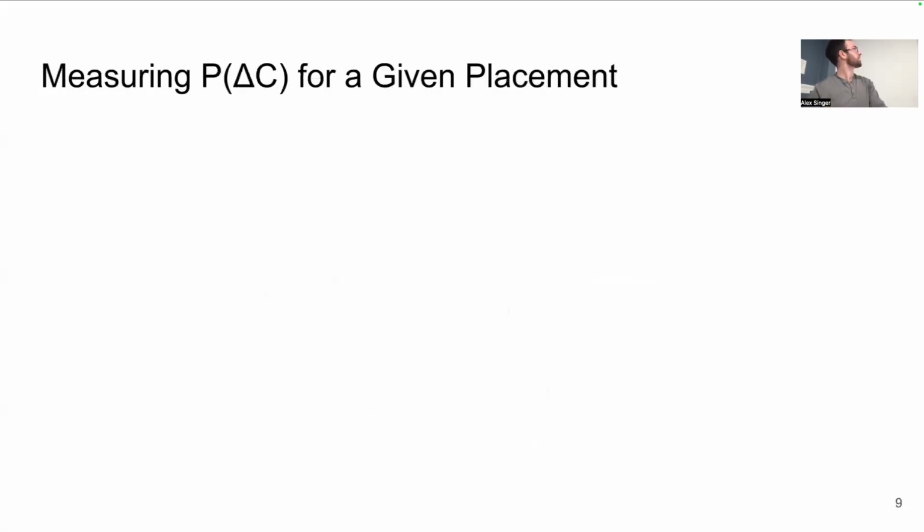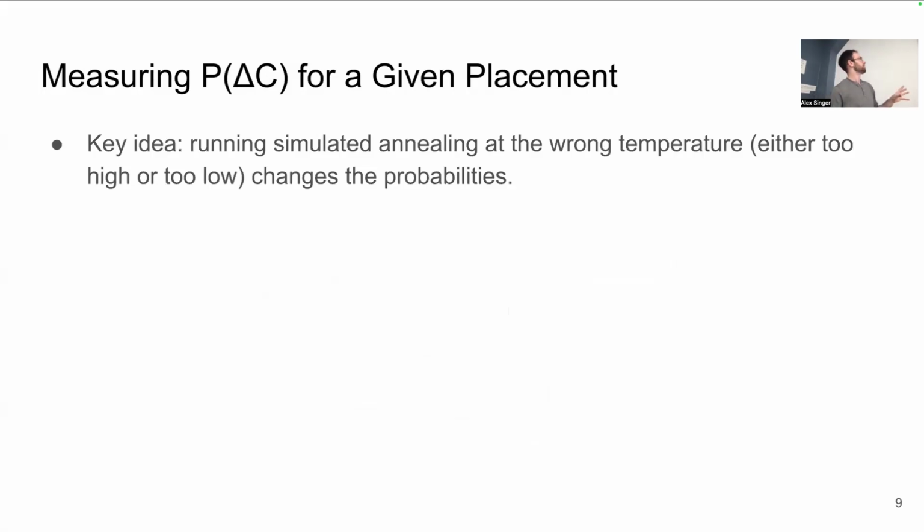So how do I actually measure that probability? Because I showed you some pretty graphs. How do you actually create a graph like that? The key idea is that running simulated annealing at the wrong temperature, either too high or too low, will change the probabilities. For example, if I pick a temperature that's too low, I'm going to start accepting all of these moves, and that's going to bring me down to a local minimum.